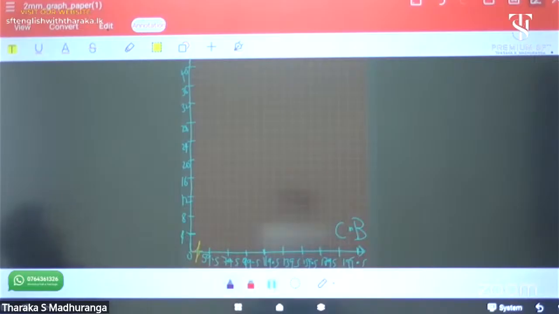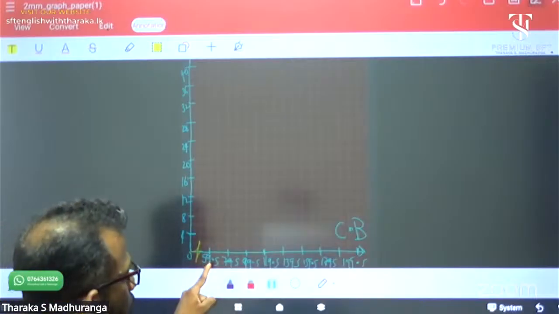Fatima, where we need to mark? On upper boundary or lower boundary? Amina, where we need to mark? Now first class 59.5 to 79.5, the cumulative frequency value is 6. Where we need to mark this?